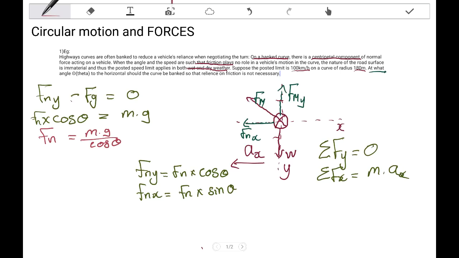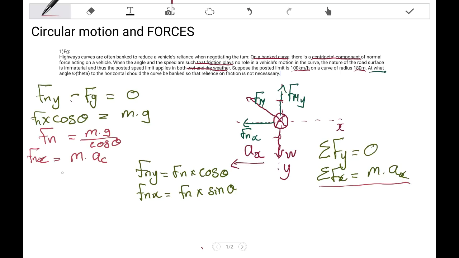So for the x component, I'm going to have something like this.